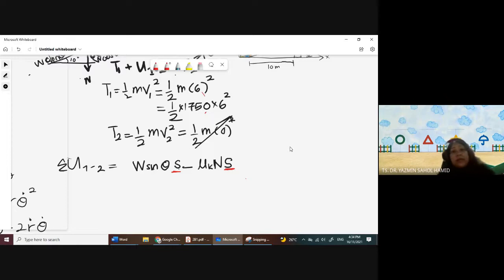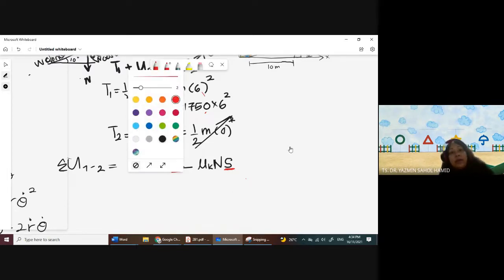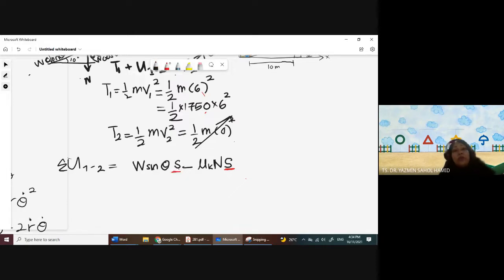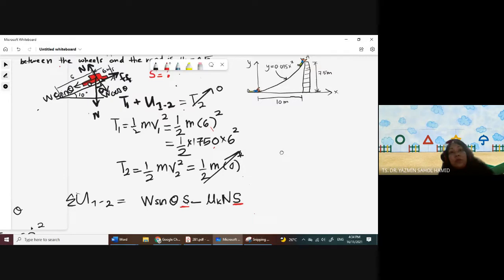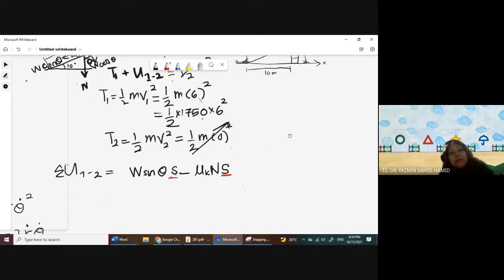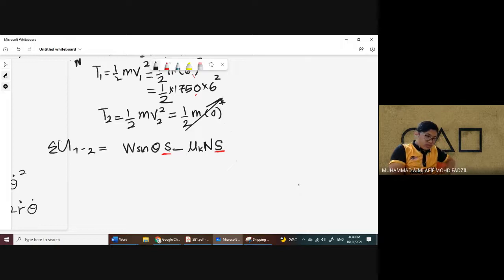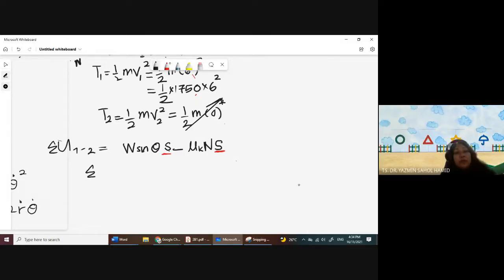Alright, so please simplify this. But here there is N, so you need to find the normal force. How do we find the normal force? See, normal force equals W cos theta, right? So for that one, you have to find the normal force first.